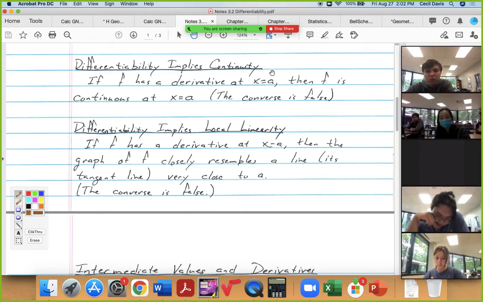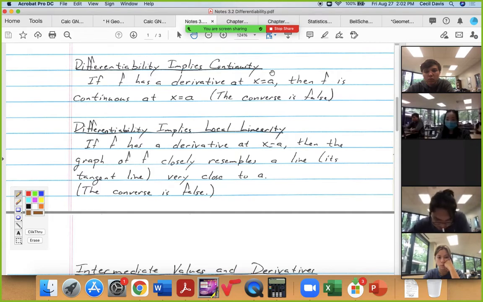It's not really that the converse is always false; it's that the converse isn't always true, therefore it's false, if you take my meaning. Just because a function is continuous at a point doesn't mean that it has a derivative at that point. But if we know the function is differentiable at a point, we know that it's continuous at that point.